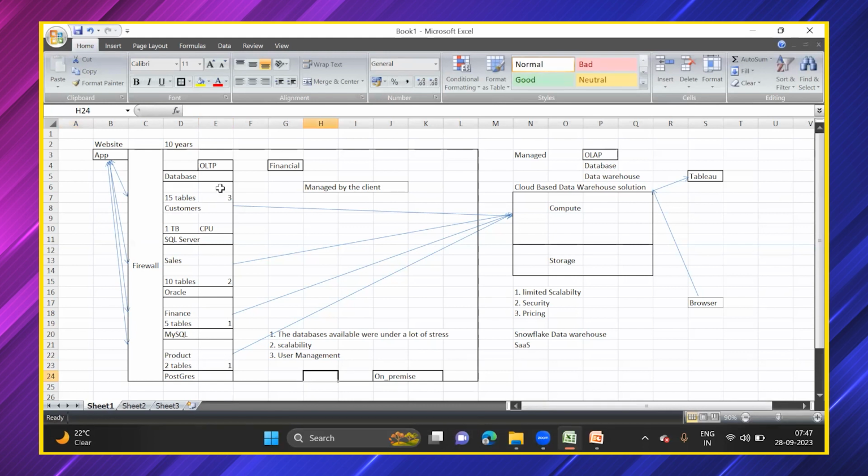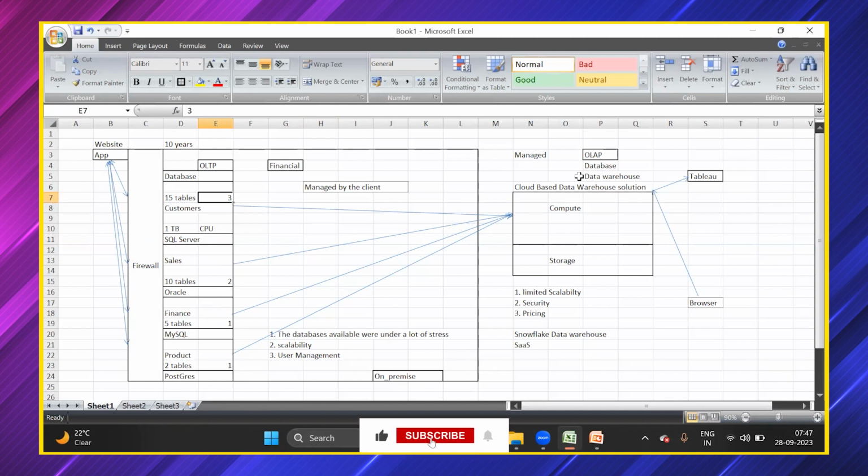Again, I do not want to move the entire 10 years of data from here to here, because I do not want to do the reporting on 10 years of data. Maybe I need to move just the last 1 year or last 2 years of data for analysis purposes. So this selective data will be migrated from these databases into the data warehouse solution.